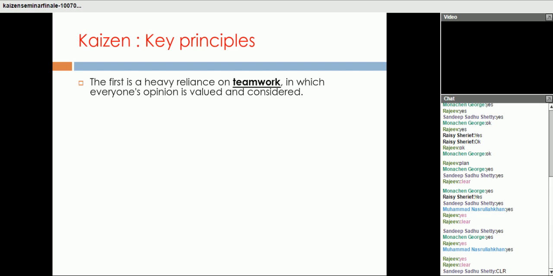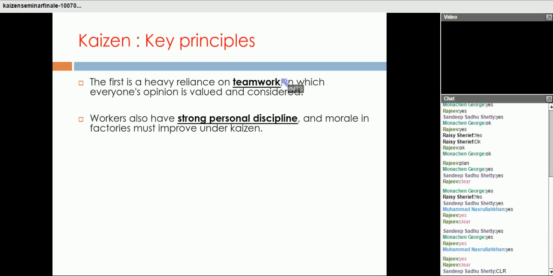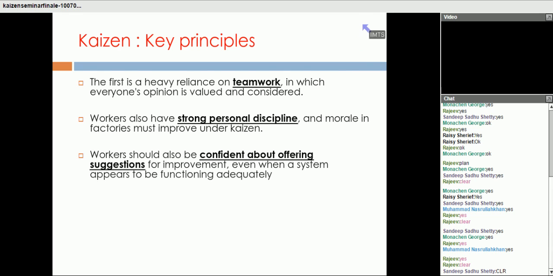What are the key principles? The first is a heavy reliance on teamwork, in which everyone's opinion is valued and considered. Workers also have strong personal discipline, and morale in factories must improve under Kaizen.